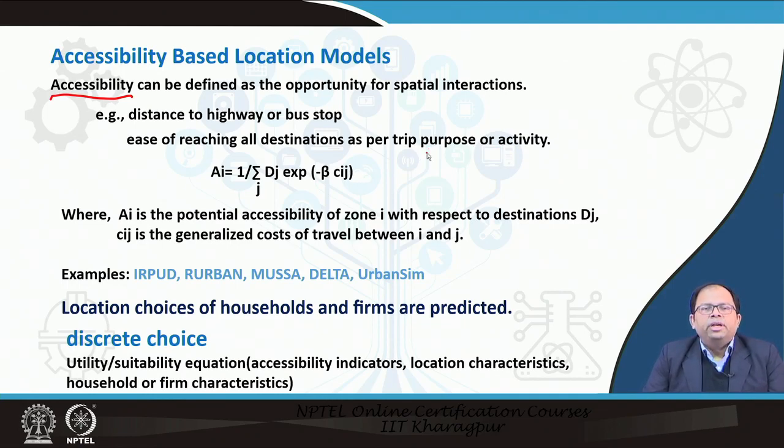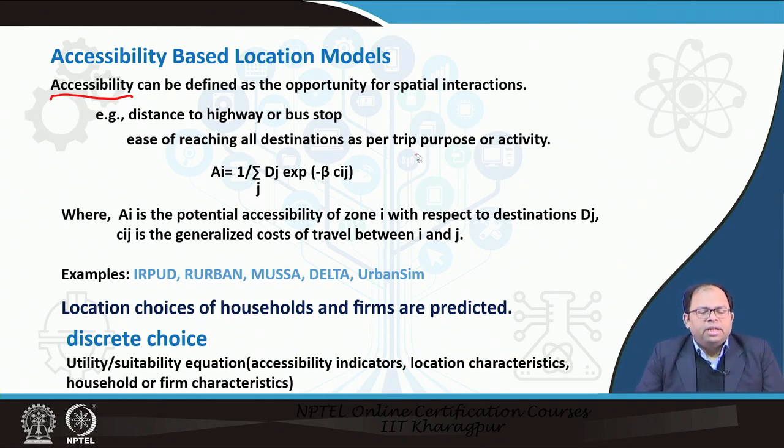For example, if I am going to a movie theater, then how accessible is this particular zone considering the different movie theaters spread around in that urban area? So is this zone near to one movie theater, or is it near to multiple movie theaters? This actually has to consider the accessibility or the distance to all the different zones which have got a movie theater.